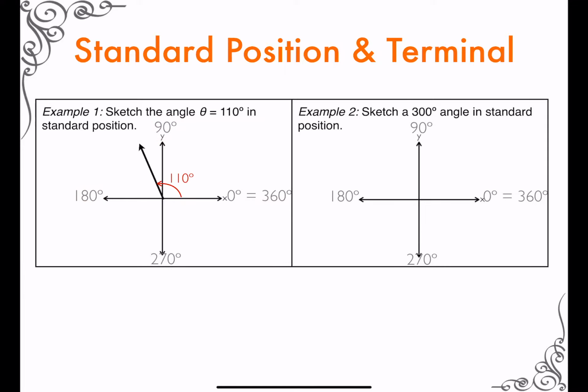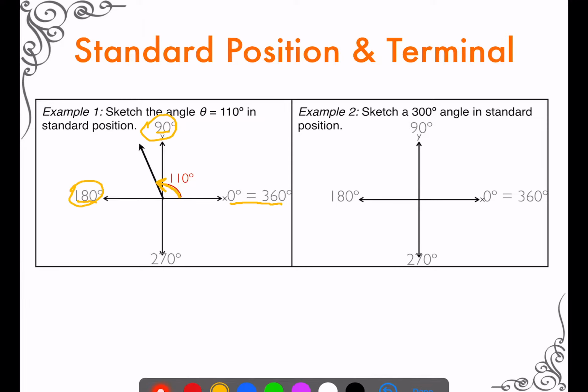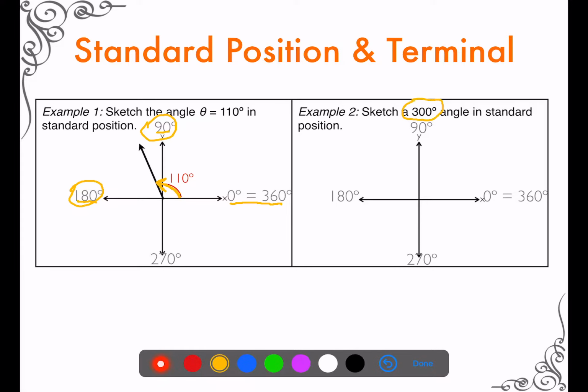Okay, for my second question, example 2, I'm asked to sketch a 300-degree angle in standard position. So again, I'm going to start that problem just by labeling all my angles. So I've got 0, 90, 180, and 270. Those act as my guide. What I want to ask myself is, where would 300 degrees appear in the coordinate plane?